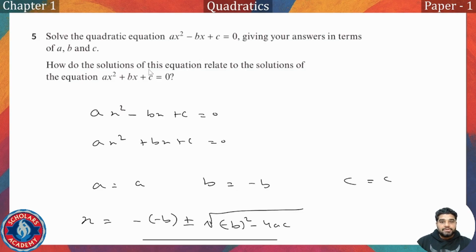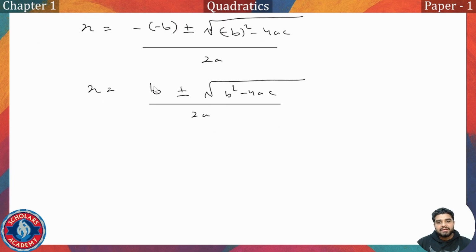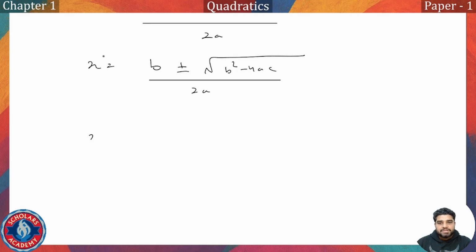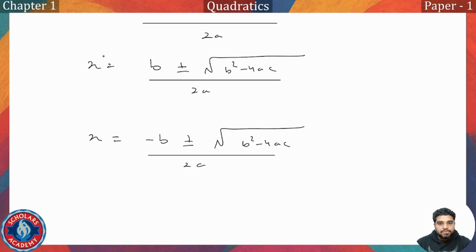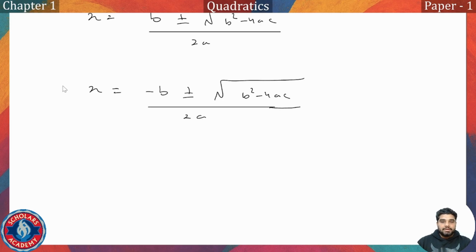Now, how does the solution of this equation relate to the solution of the equation ax square plus bx plus c? If we compare it with the solution of the general equation, that is x is equal to negative b plus minus root of b square minus 4ac over 2a, the given solution has a difference of 2b by 2a. So if we subtract it, we get b by a.